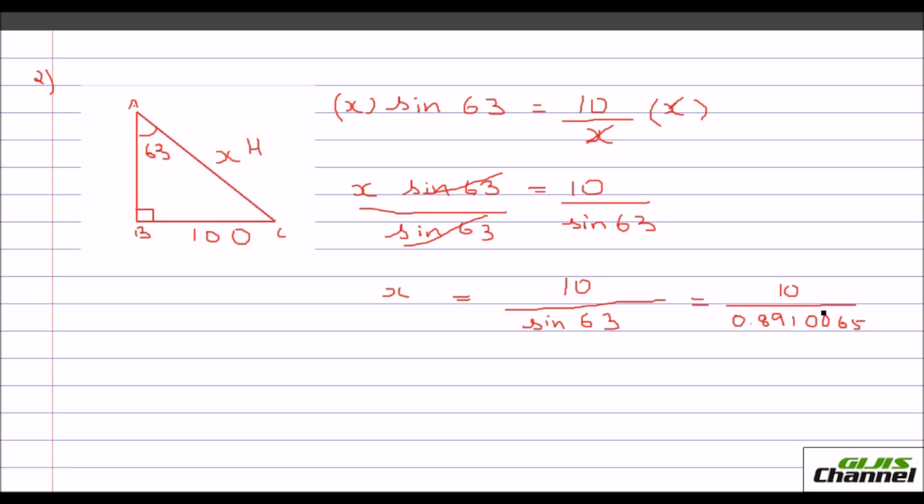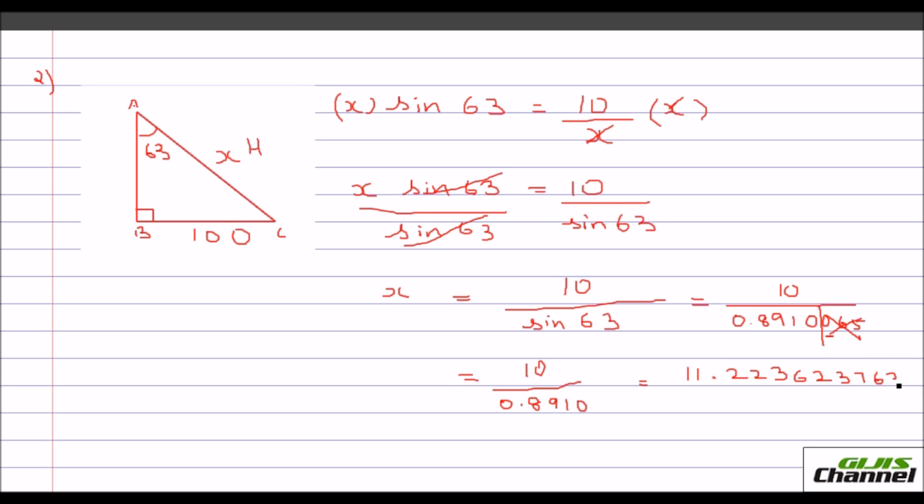Now as I told you, you're going to round it off to 4 decimal places. Here the 0 is less than 5, so just forget this. So when you do 10 over 0.8910, it will give you the answer as 11.223623763, likewise it goes.